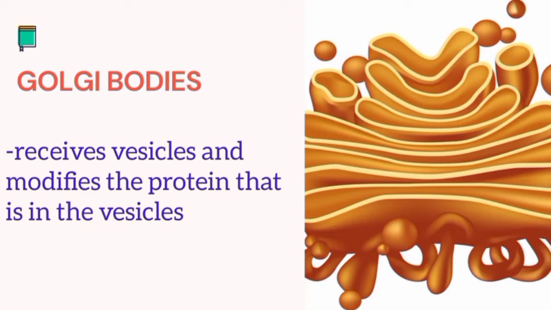The way it does this is by adding carbs, lipids, and proteins. It can also fold the protein, giving it the proper shape, because the function of a protein is dependent on its shape. Once it modifies and processes the proteins, it exports them out of the cell.